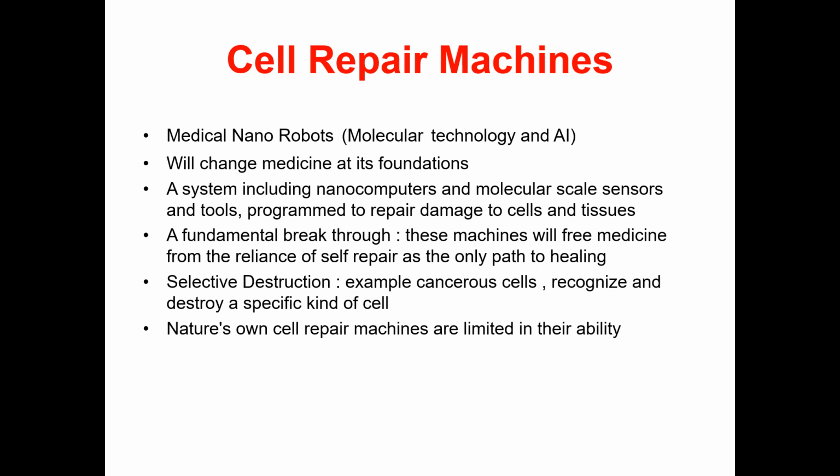Along with other applications, we can utilize these nanorobots for selective destruction. An example of this selective destruction is cancerous cells. We can destroy cancerous cells with the help of this nanorobot. These robots have the capability to recognize and destroy a specific kind of cell, because you program the machines and the robot to do exactly what you want.